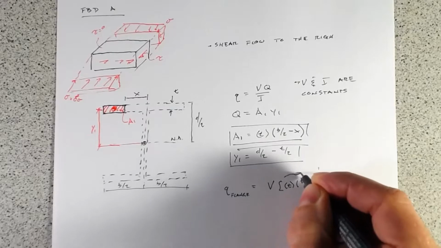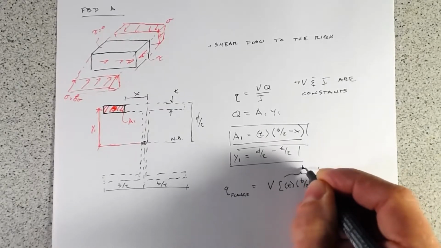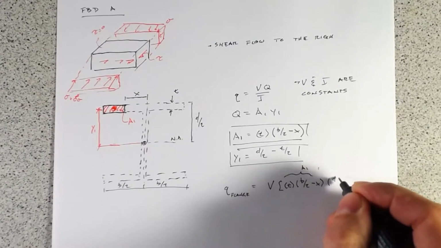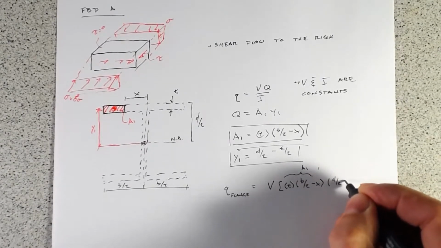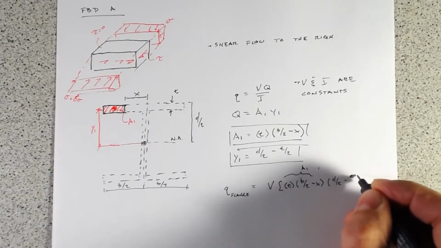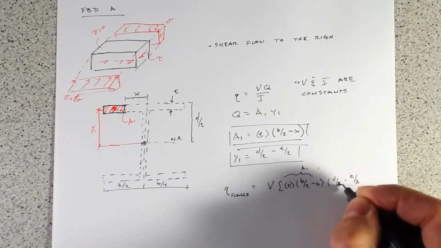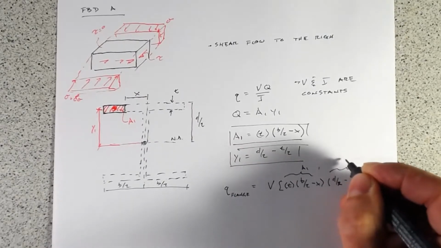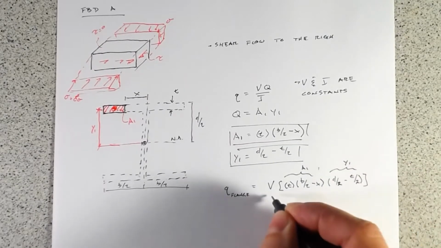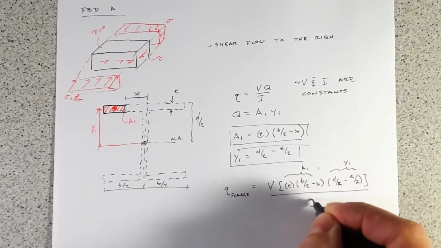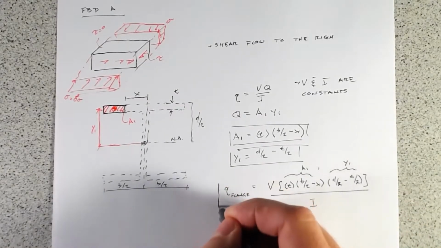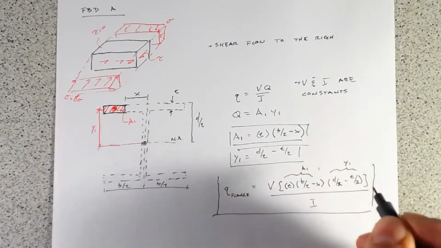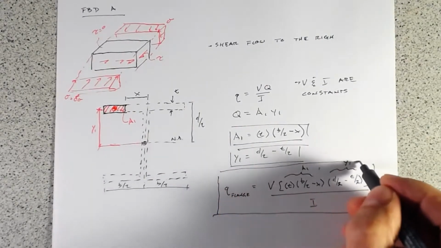And again, all of that is A1, times D over 2 minus T over 2. And that's Y1. And all of that is divided by the moment of inertia. So that's the expression for the shear flow in the flange.